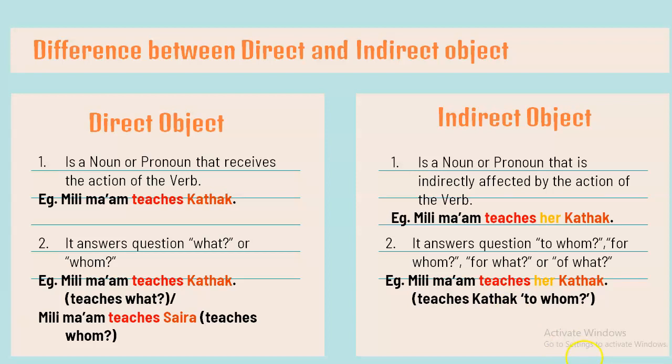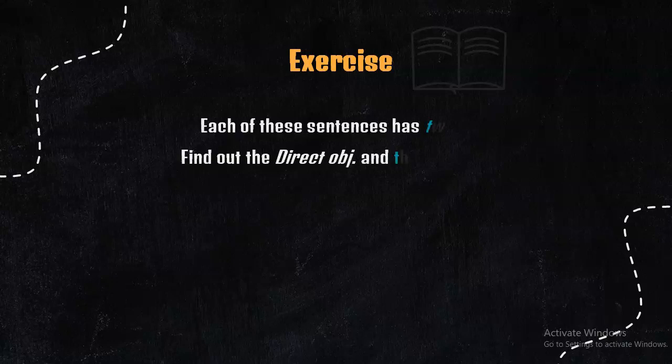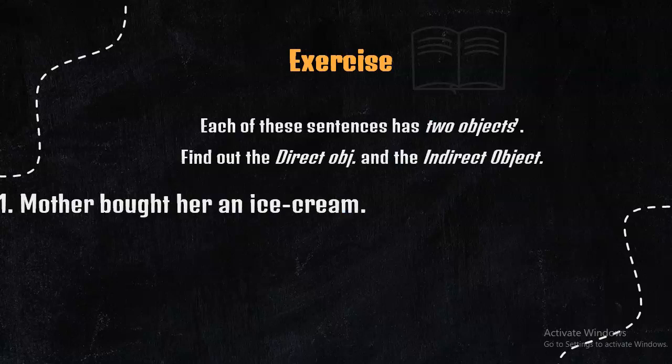Alright, now let's solve some practice questions. Here, in this exercise, each of the sentences has two objects. And you will have to find out the direct and the indirect object. Now let's analyze the first sentence.